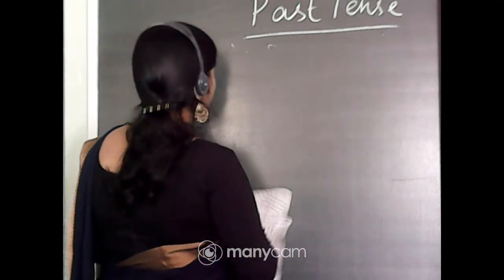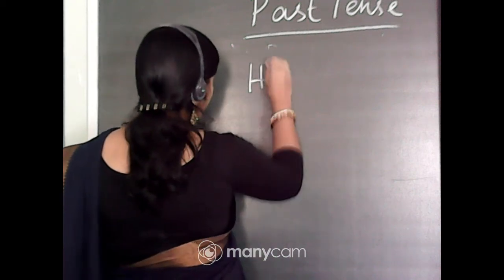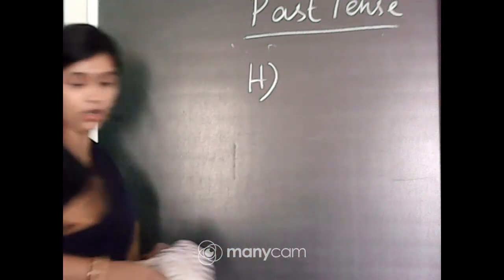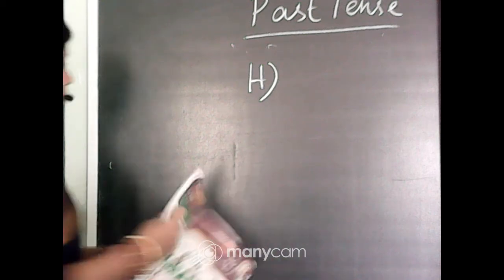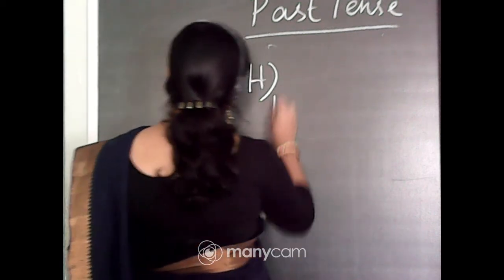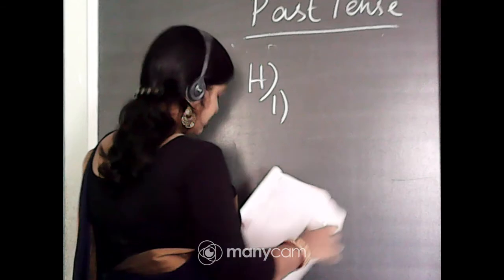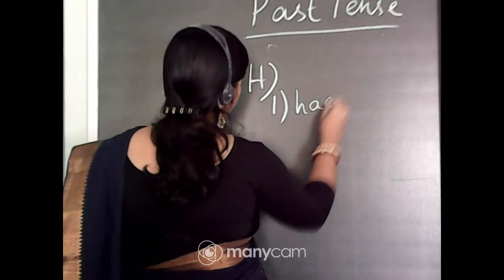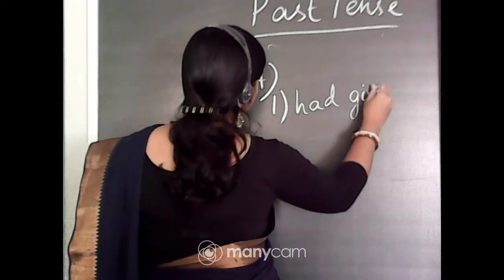The combination exercises will be a little bit challenging, but not for you because you have had a lot of practice. Exercise number H, also the same thing. You write it on your own. Had given.